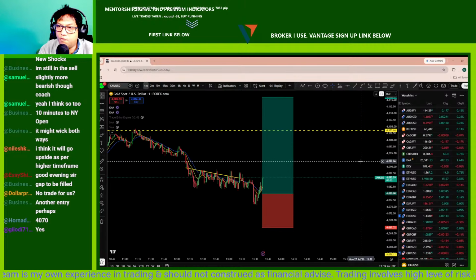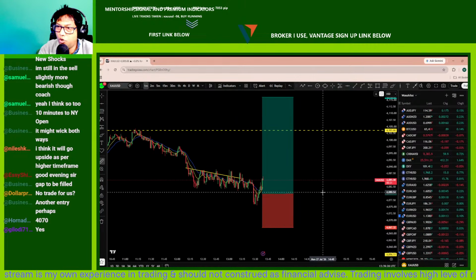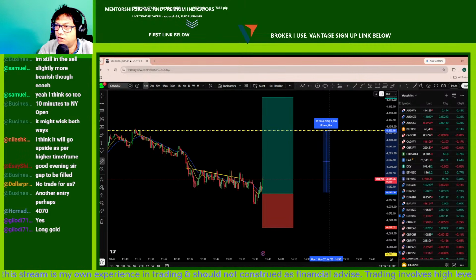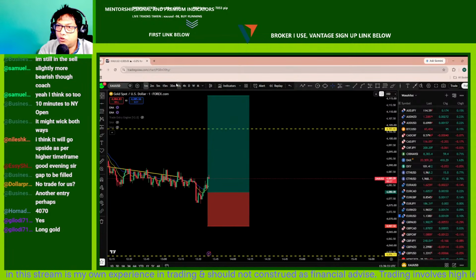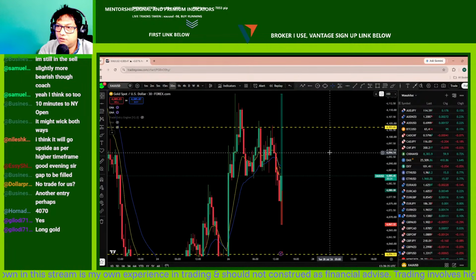Okay, it might bounce up and we could see a potential move, expecting it to go for another 232 pips. A potential move is possible here in this market.